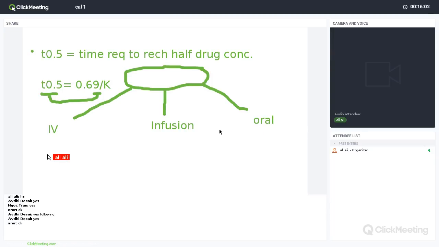Okay, so here is the equation for the IV bolus. This is very important and very easy. They are all related. If you study each of them separately, you will find some difficulties in differentiating and you will get confused in the equation of each one.